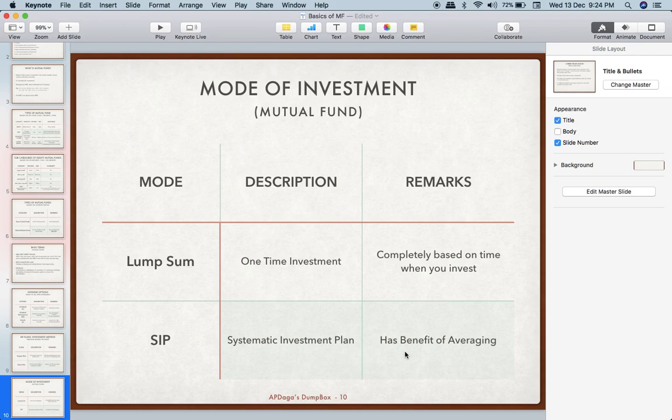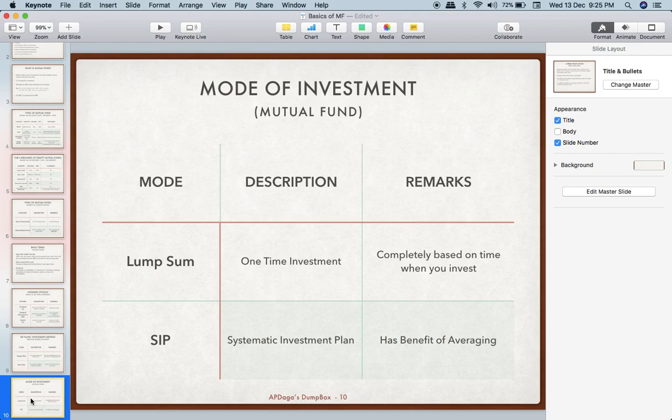You get the benefit of averaging, since every month you buy some mutual funds at whatever rate is there, and the resultant value is like an average of all the mutual funds you bought at different times. In lump sum you don't get that benefit. So SIP is always beneficial.